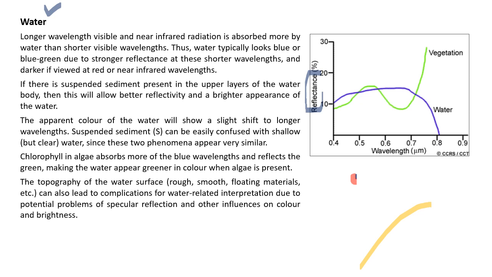If blue light is coming down, the radiation is measured in watts per square meter per steradian. This is the unit of radiation. But another important quantity is reflectance, and reflectance is in percentage.